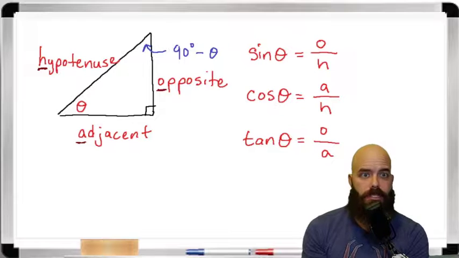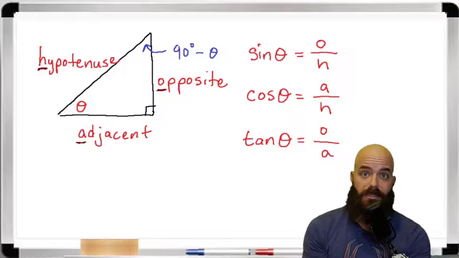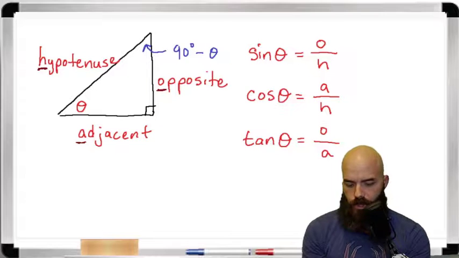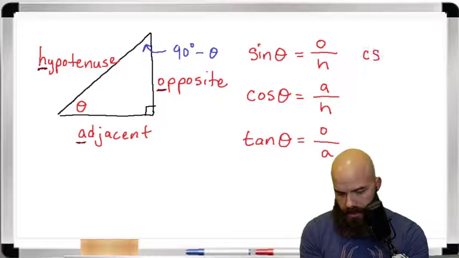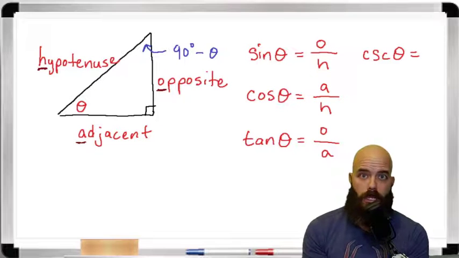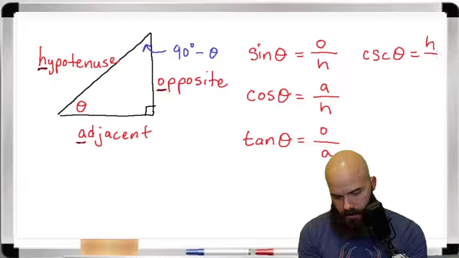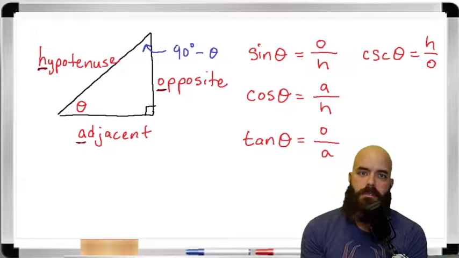And the other 3 trig functions are known as the reciprocal functions. And so the reciprocal of sine is cosecant. That's abbreviated CSC. So cosecant of theta is equal to the reciprocal of sine. So if sine is O over H, then cosecant is H over O. All right.